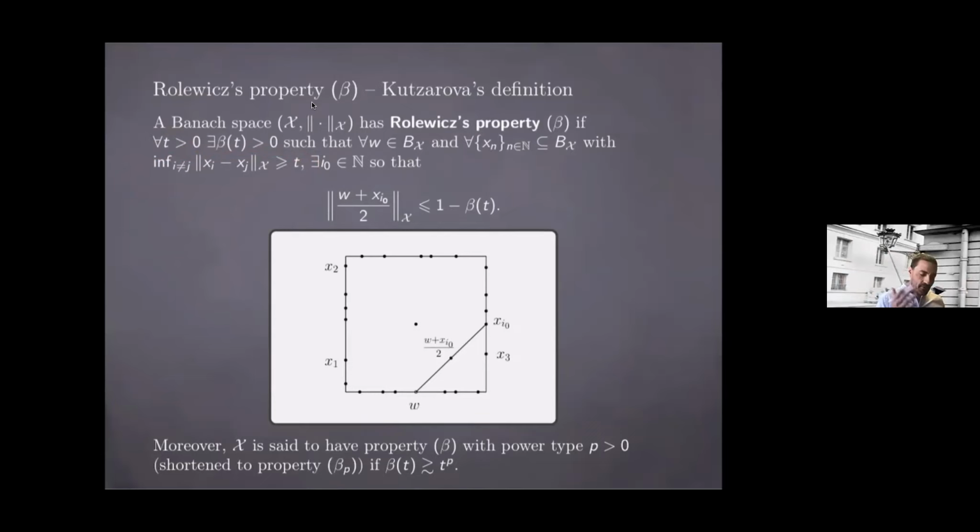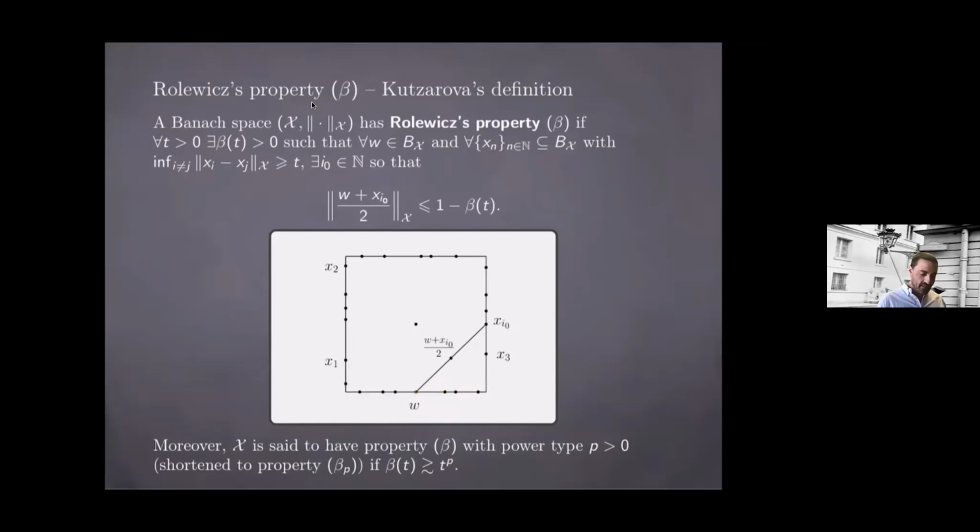And if you want some intuition, I'm going to try to give you the intuition on a two-dimensional picture because that's the only thing I can draw. But the intuition, I think, is the following. If you take a point on the unit sphere and then a sequence of points on the unit sphere that are separated, if you have enough points in your sequence, you cannot pack all of them on this side of your cube, where if you take midpoints between this and this, it will stay on the sphere.